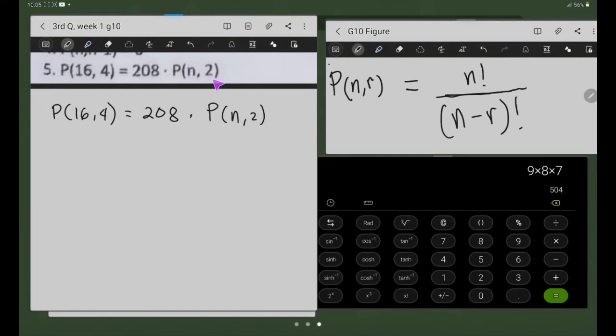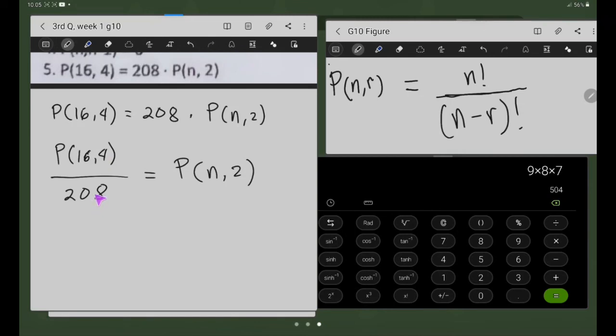Itong number 5. Okay, umpisahan ko ito, tatapusin nyo. So ito, the permutation of 16 things taken 4 at a time. Ito ilipat ito dito. So maging 208 is equal to permutation of n things taken 2 at a time. Ganon. So ito, simplify nyo ito. Sagutan nyo gamit nito. Tapos ang sagot nito, i-divide sa 208.